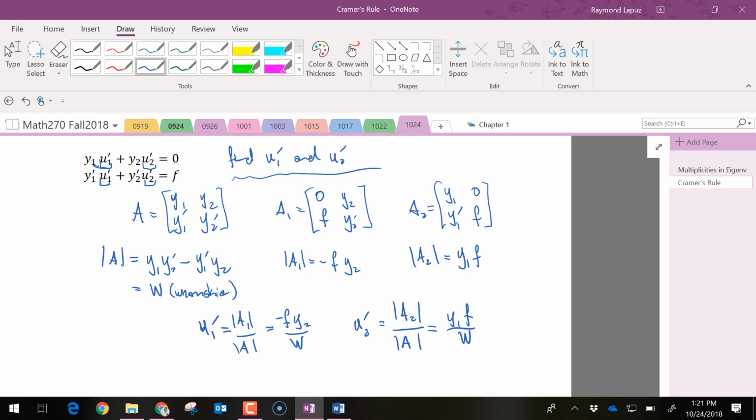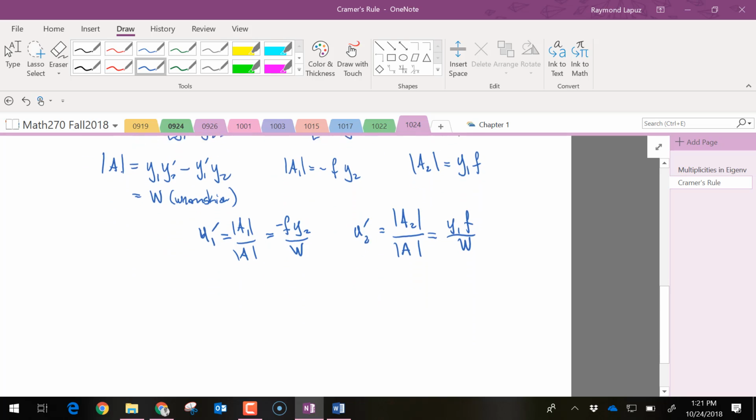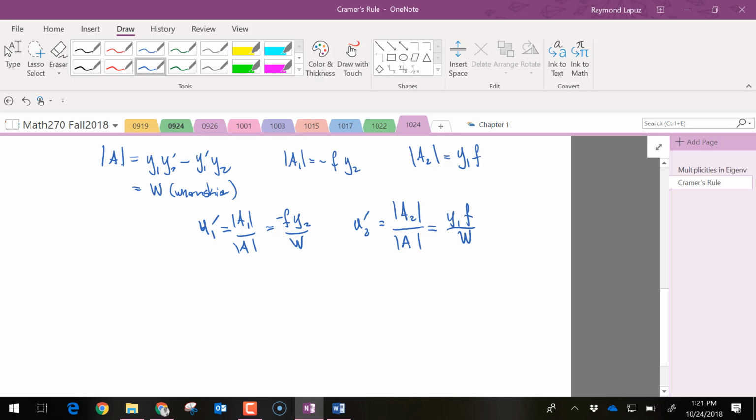That's essentially what you're solving for, yeah. So this is kind of working backwards, but yeah. So you have y1, y2, y1 prime, y2 prime, u1 prime, u2 prime, 0. Yeah.